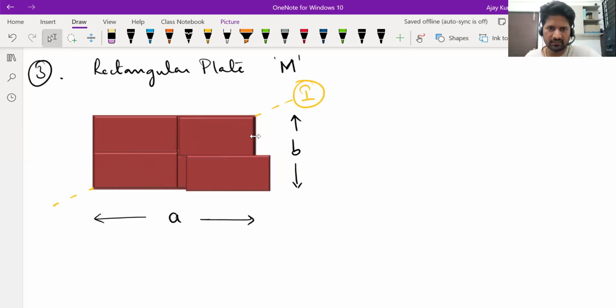If the full rectangle's diagonal moment of inertia is I, then for each of these small rectangles, what will be the moment of inertia about their diagonals? Full rectangle diagonal moment of inertia is I. Then for each small one, how much will it be?